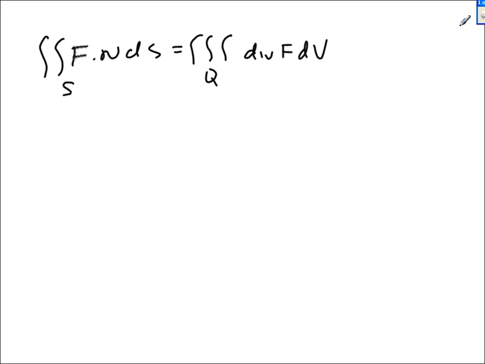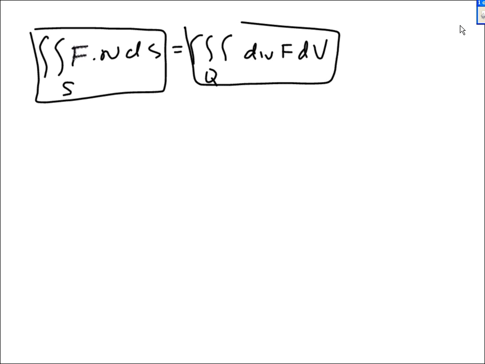The object is to work out problems. Suppose you're asked to verify the divergence theorem. That is, do the given integral this way, compute it that way, and say, hey, they're actually equal.